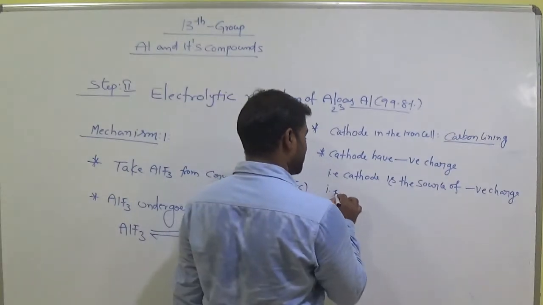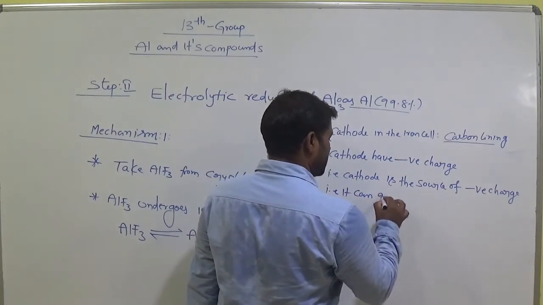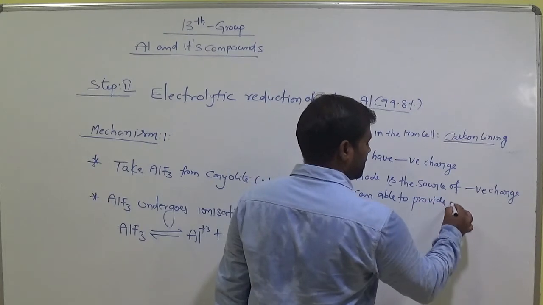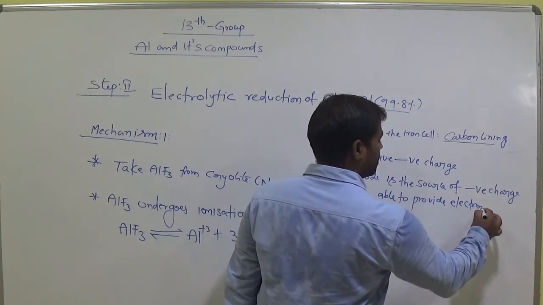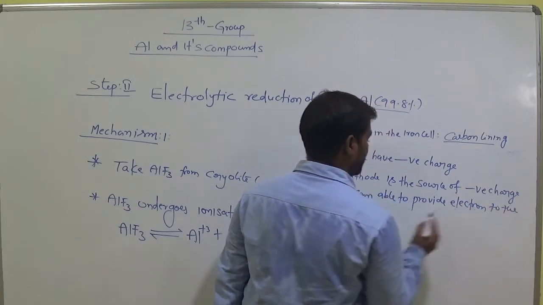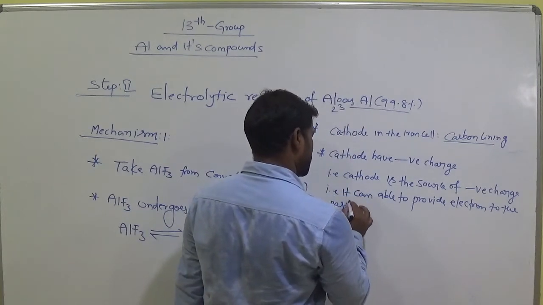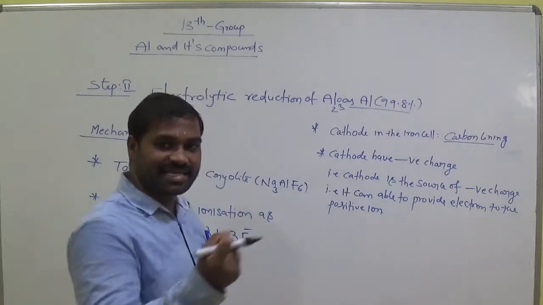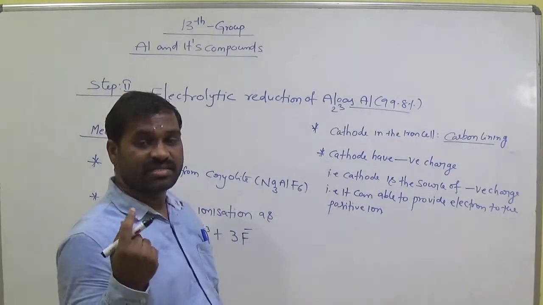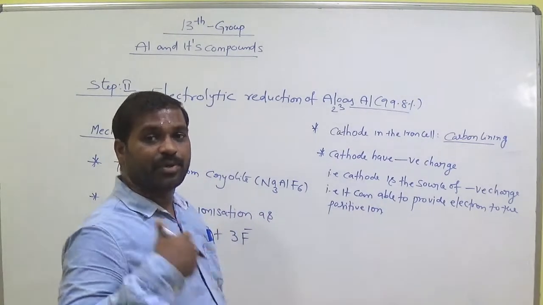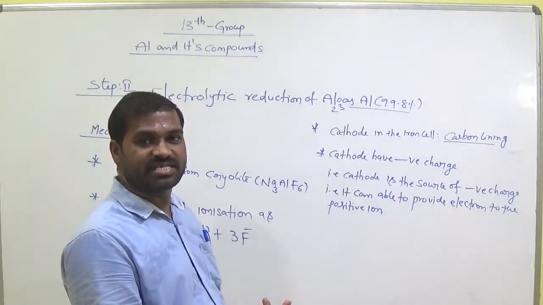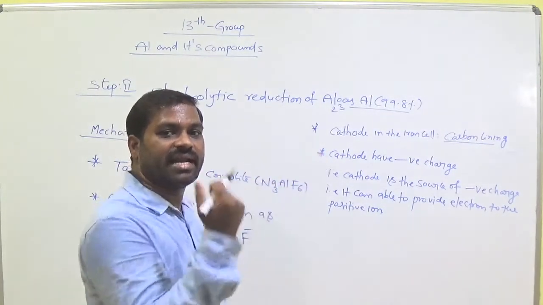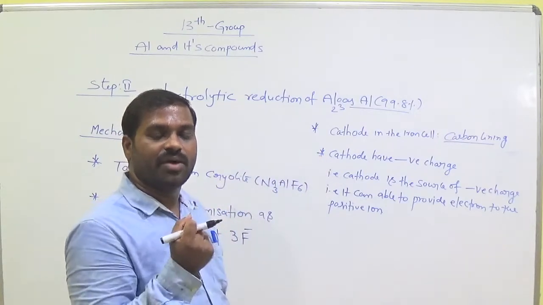It can provide electrons to the positive ion. Negative always attracts positive. Cathode has negative charge, that means it has electrons, so it can provide electrons to positively charged species. Negative charge always attracts positive charge.